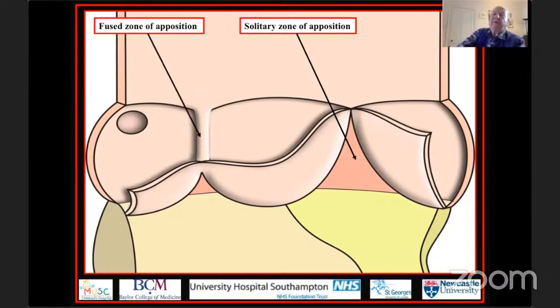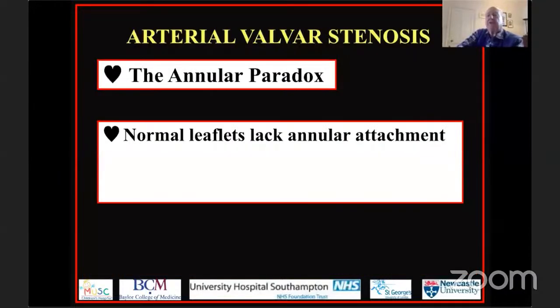So we have a fused zone of apposition between the leaflets. In fact, in the unicuspid variant, as we'll show you, we have two such fused zones of apposition, and the fusion of those zones of apposition mean that the interleaflet triangle is vestigial.